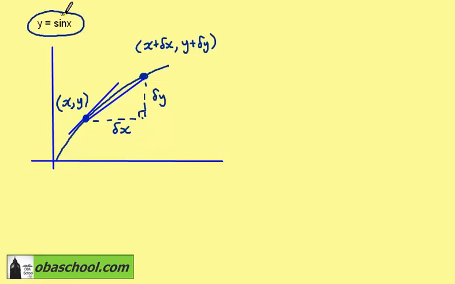The curve is y equals sin x. So another way of looking at this point is that its coordinates are x and sin x, since y is the sine of the x-coordinate. At this point then, the coordinates are x plus delta x, and the y-coordinate is the sine of x plus delta x.